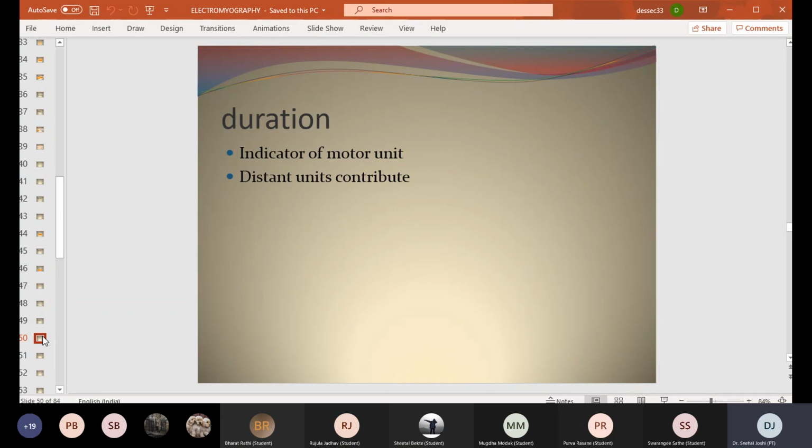So the duration decreases. Whereas in case of neuropathy, there are only few neurons which are left, which are going to supply the motor unit or muscle fibers at various distances. So the duration is going to be more in case of neurogenic lesion.